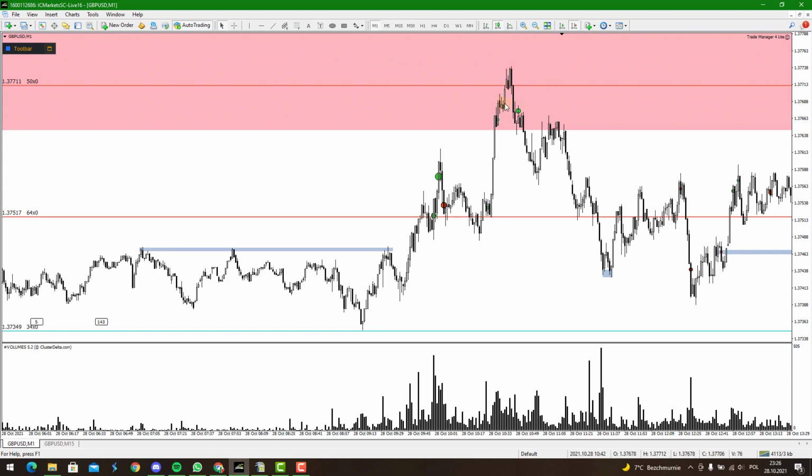Here we can see the break of this last demand. Yes, here was demand, range market and leg out. And price was losing volume, perfectly losing the volume in this area. So similar setup to the one on top. Here we have imbalance, like a shot to the upside.